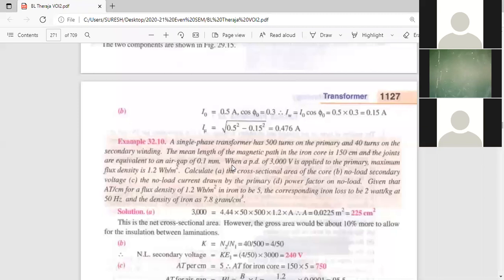Are you getting textbook answers? Yes, sir. Okay, then we'll go for the next test. Short circuit test.